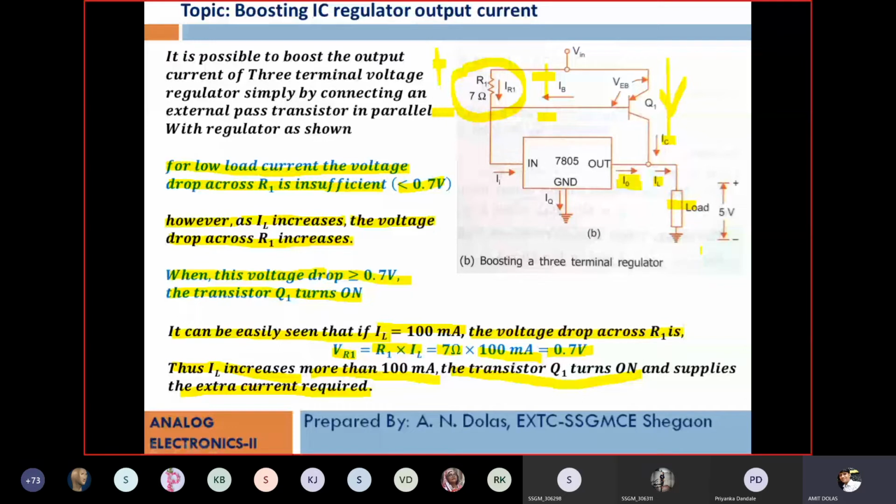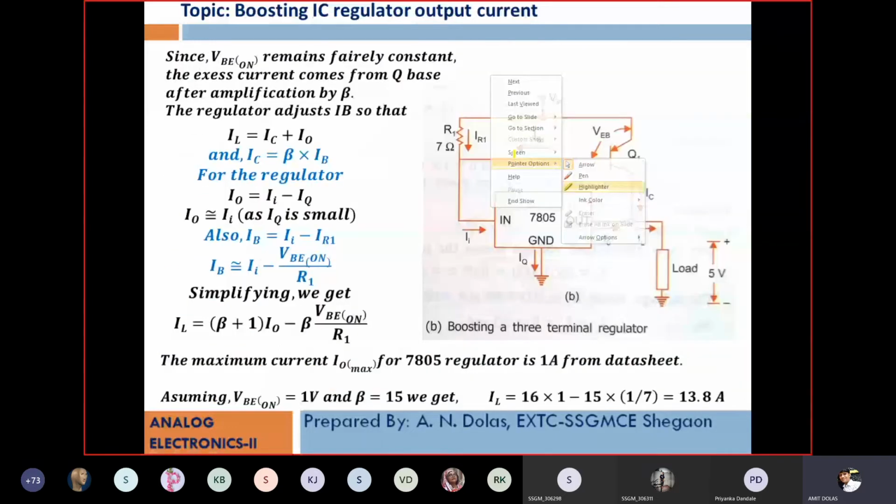Coming to the analysis of this circuit, VBE on means what? This is the voltage across base and emitter at which the transistor becomes on. Instead of taking 0.7 volt, the datasheet says that the turn on voltage of the transistor is to be considered 1 volt. It remains fairly constant.